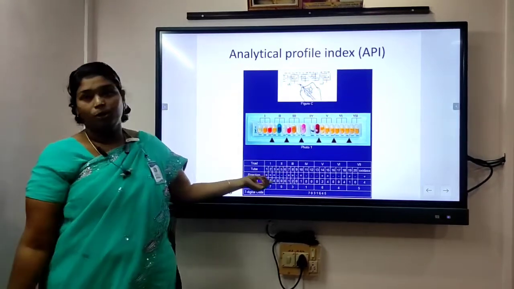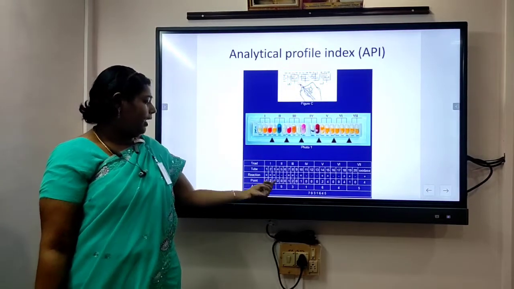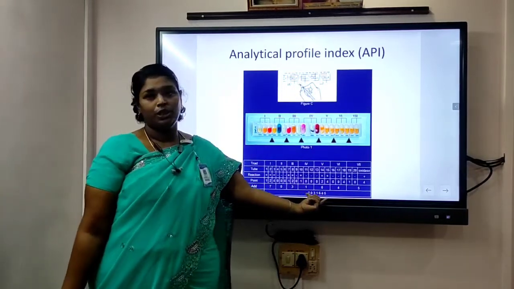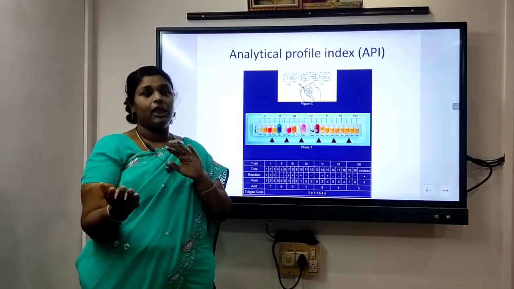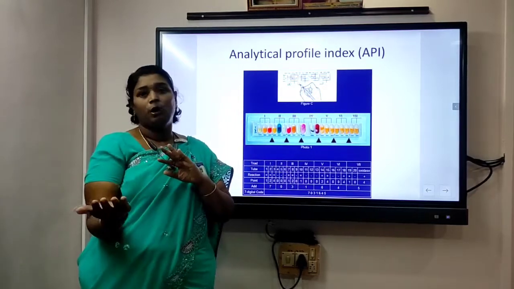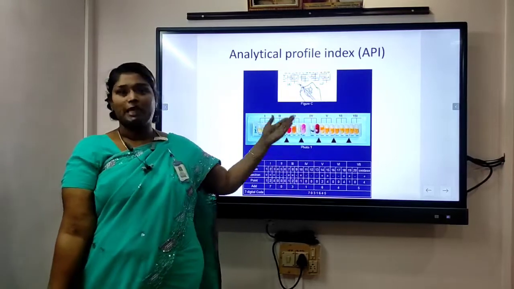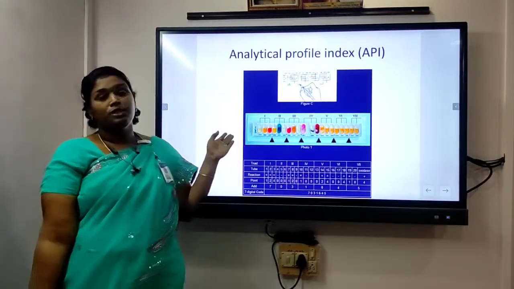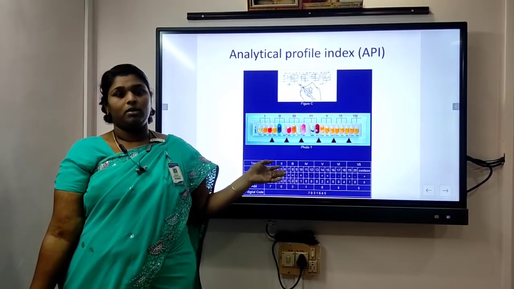Each positive sign has points. Those points will be added and converted into a digital code. That digital code is compared with the standard chart, and the finalized digital code is converted into the organism. So with the help of the digital code, we can detect the organism easily. This is the advanced form of biochemical test that can be done in laboratories.